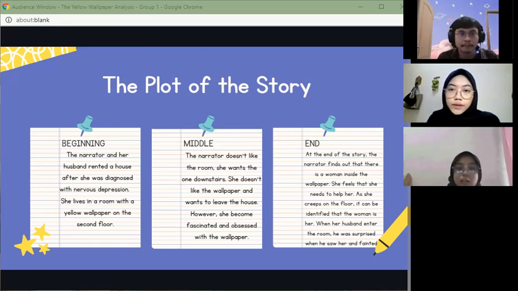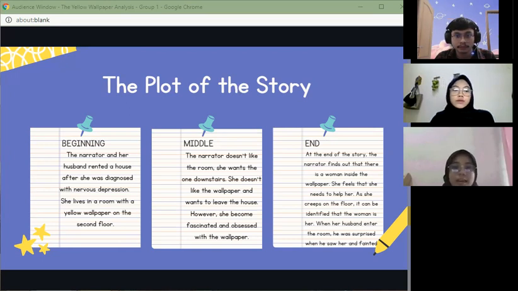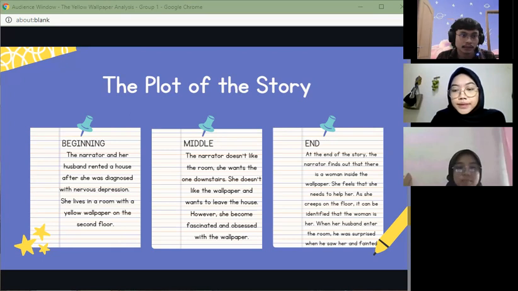At the end of the story, the narrator becomes insane. And when her husband enters her room, he sees his wife creeping. And the narrator said, "I have pulled off most of the paper, so you can't put me back." That's all for the plot of the story.